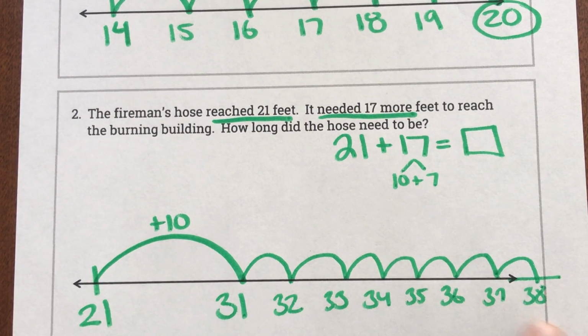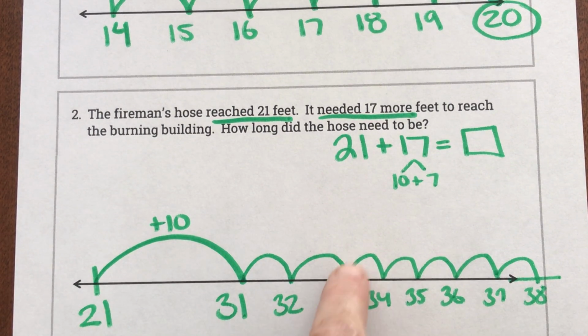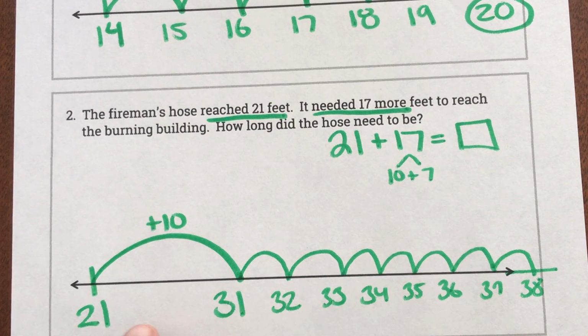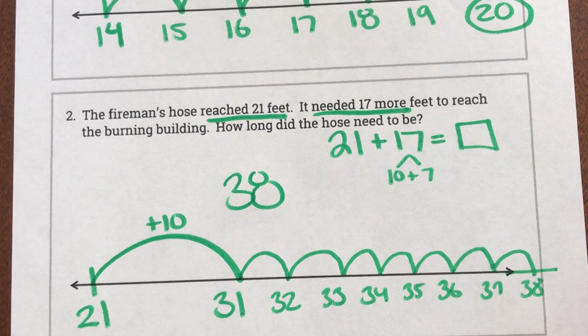Even having to do those, I started to run out of space. So let's see, I did a jump of 10, 11, 12, 13, 14, 15, 16, 17. So we jumped 17, or we counted on 17, and we ended up with 38. So the hose needs to be 38 feet long.